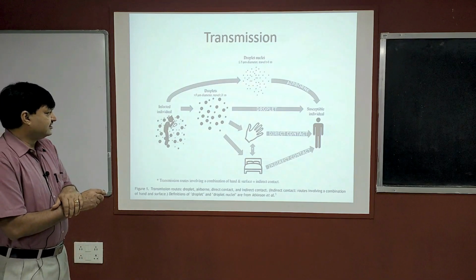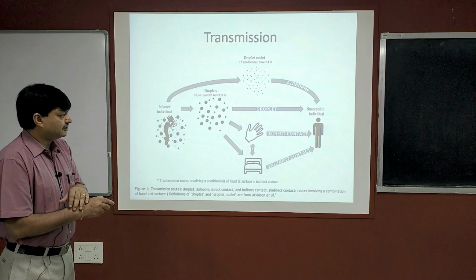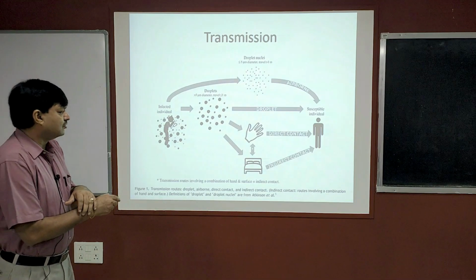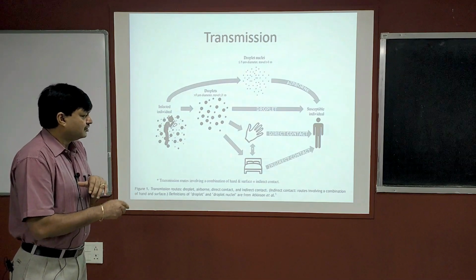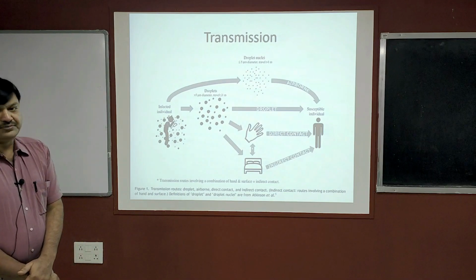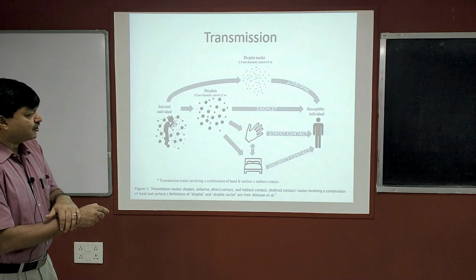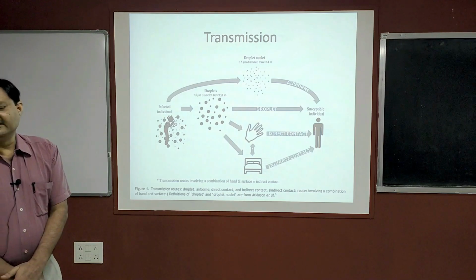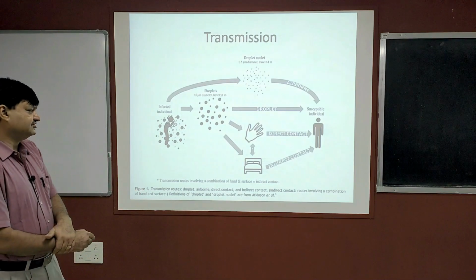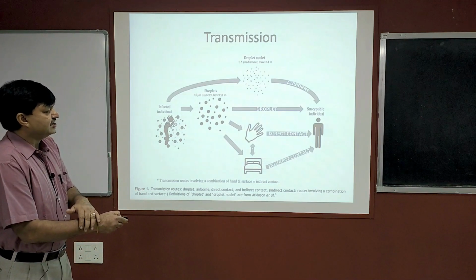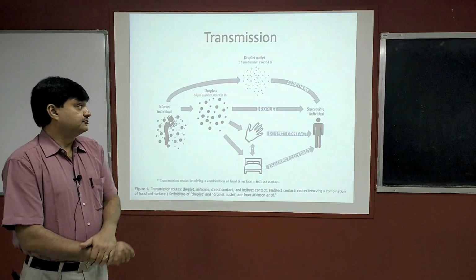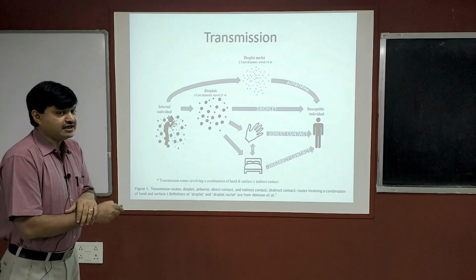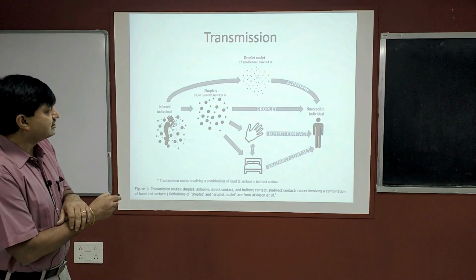Now, these droplets can directly infect an individual if another individual is within that vicinity, or the droplet will settle down onto any other surface, and from there indirect spread can happen, either through the body part, where it will be direct spread, or through other surfaces like the bed or linen, and this is indirect transmission, right?